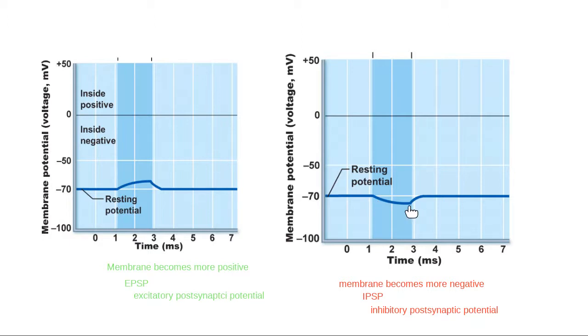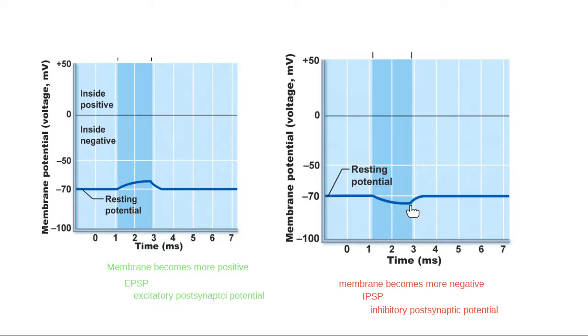Remember from our group work that when I open up a channel for chloride ions, chloride is an anion and it wants to come into the cell. If I open up a channel for it, chloride with its negative charge goes into the cell. That would generate an IPSP.